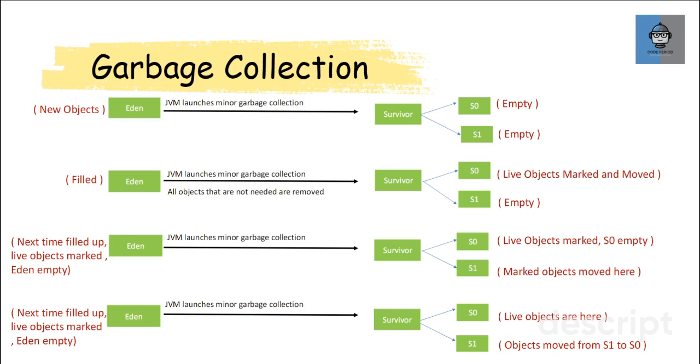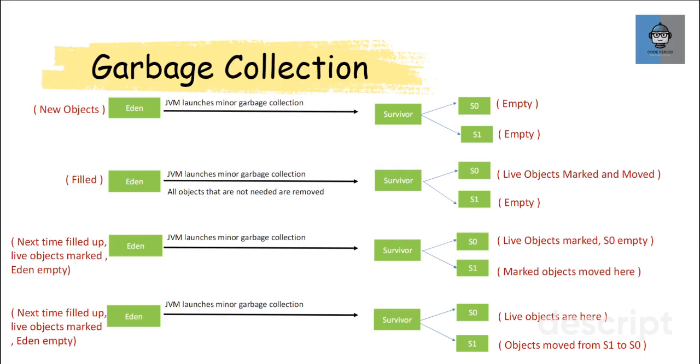In S0, we have objects that have different ages. What I mean by age is that if a particular object survives X number of garbage collection cycles, its age is X. Let the age be 8. That means that particular object has aged and it has survived 8 garbage collection cycles.